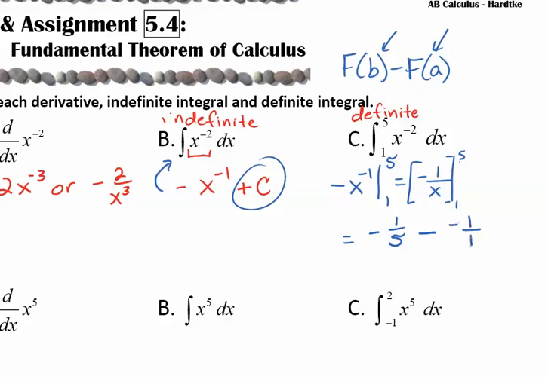So we have negative 1/5 plus 1, so we will be at positive 4/5. Remember that when you evaluate an indefinite integral, we get a function. And when we evaluate a definite integral, we get a numeric value.